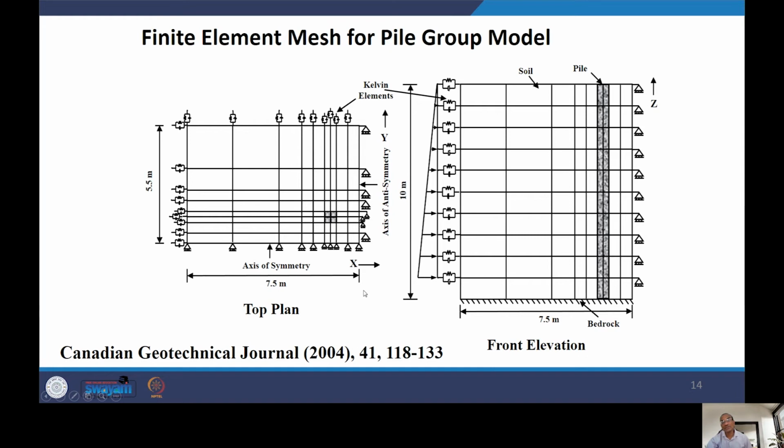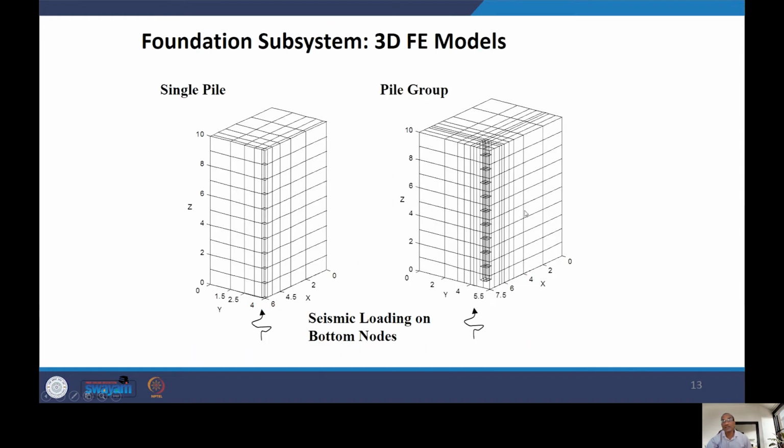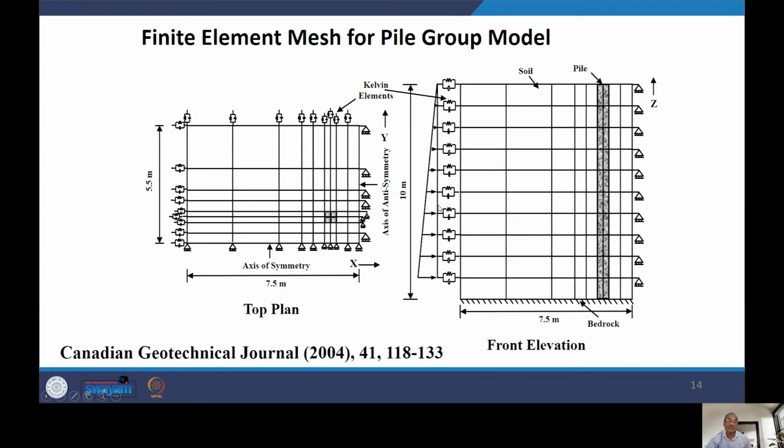Let's see here. So this is the plan and elevation for the pile group model. So what do you see here? This is x direction in the plan, and this is y direction, while z is the vertical here. So at the boundary of this model, Kelvin elements which consist of spring and dashpot have been used, number 1.